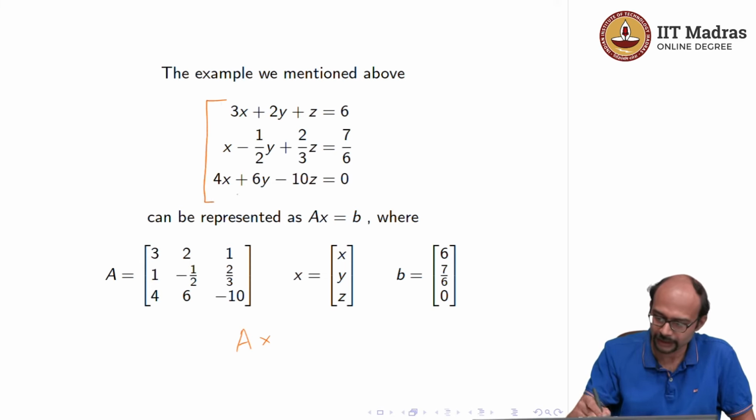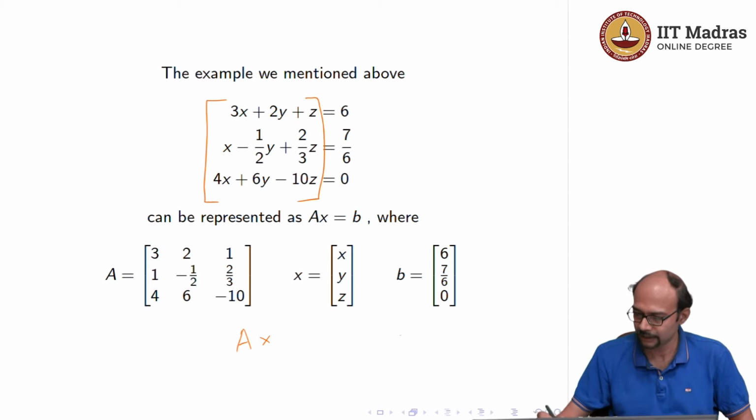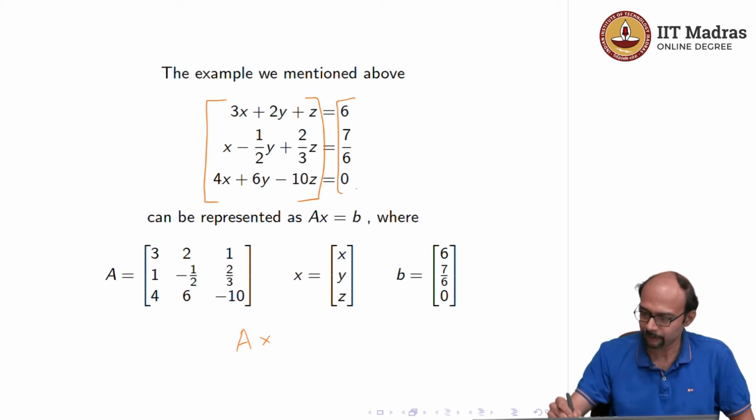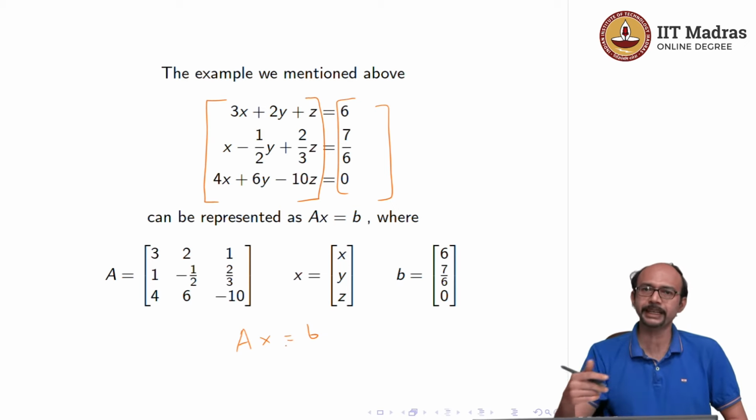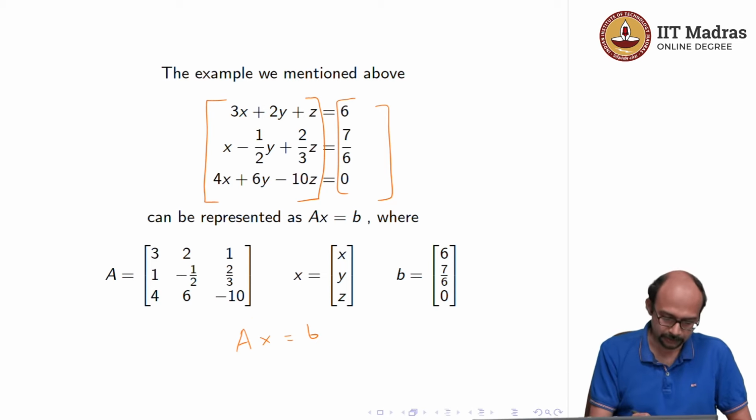This is A times X, and this thing on the right is B. And what is this system of linear equations saying? Saying Ax equals B. So we have rewritten this example in terms of matrix multiplication.